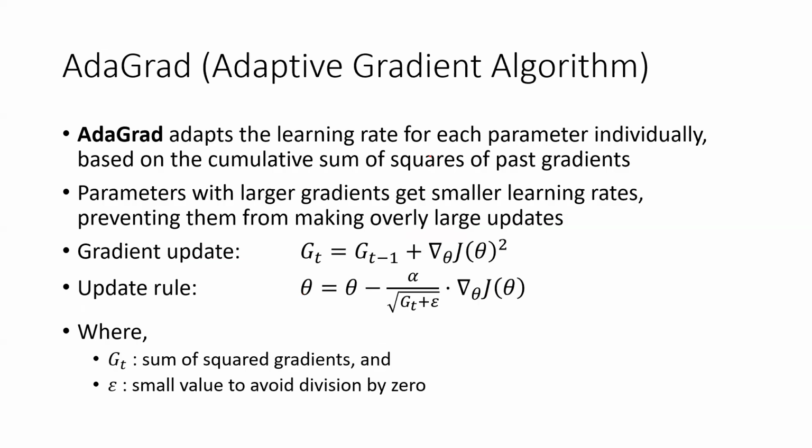There's another optimizing algorithm known as the adaptive gradient descent algorithm, simply known as AdaGrad. In AdaGrad, it adapts the learning rate of each parameter individually, based on the cumulative sum of squares of past gradients.